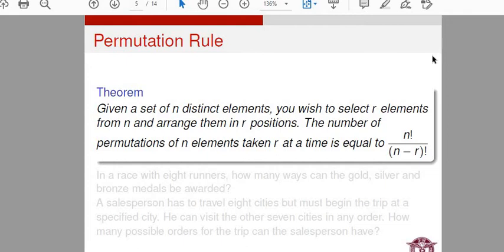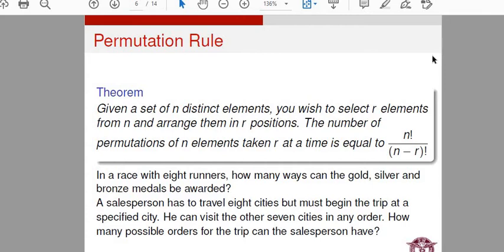So 0 factorial is 1 and 3 factorial is 3 into 2 into 1, so we get the value 6 here. Keep in mind this relation.